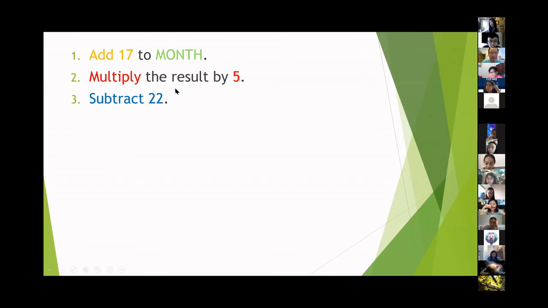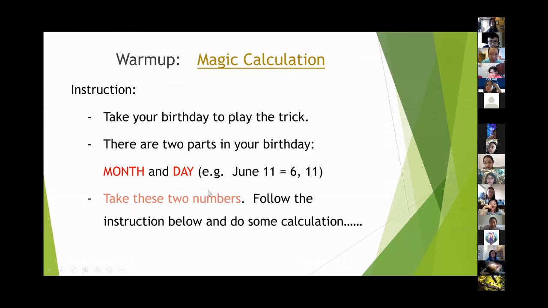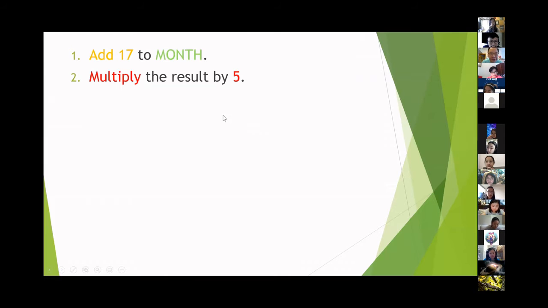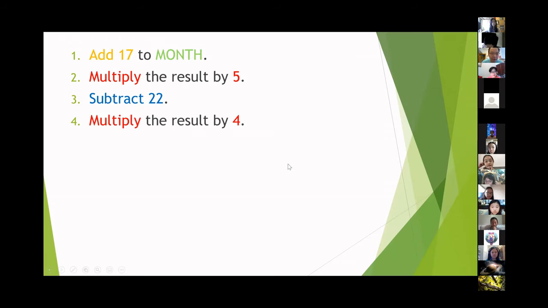So use your own month and own date to do these steps. Okay. So first step, add 17 to your month and then multiply this result by 5 and then get the result and then use the result to subtract 22. Okay, finish. And then step 4, multiply that result by 4.